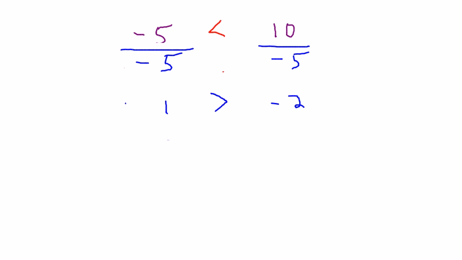Alright, so let's try a couple of examples in which you will need to apply this rule. Negative 6x is less than or equal to 36. Okay, so I'm going to solve this the same way I would any other inequality, right?